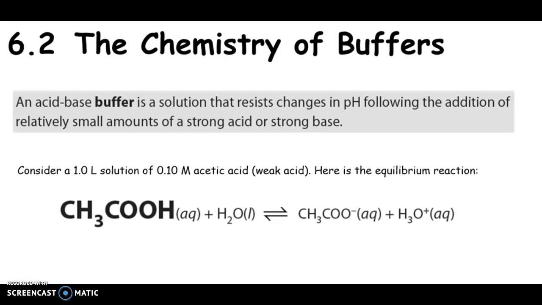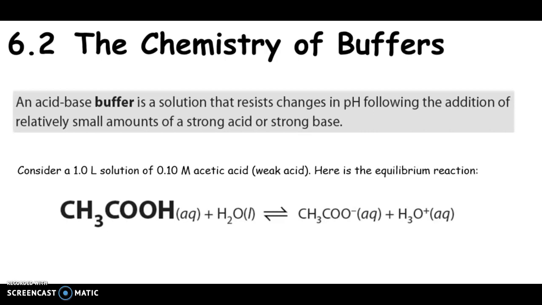A buffer is really an acid-base equilibrium, so it has to be an equilibrium, which means it has to be a weak acid or a weak base. But really, the purpose of making this weak acid, weak base equilibrium is so that we can maintain a certain pH level.